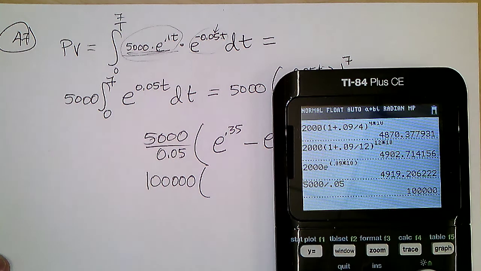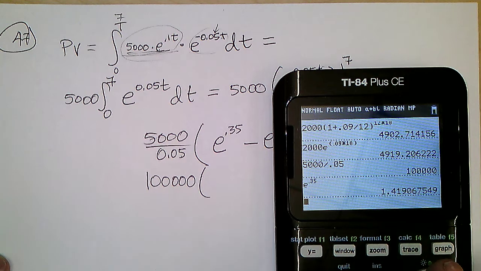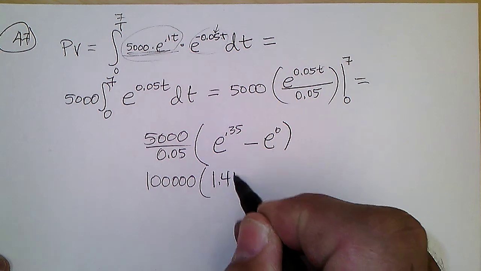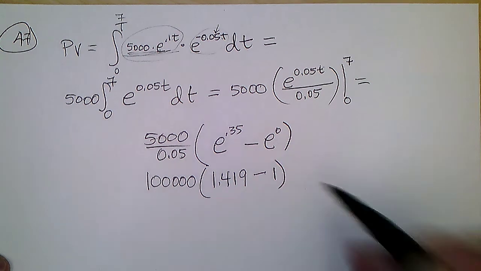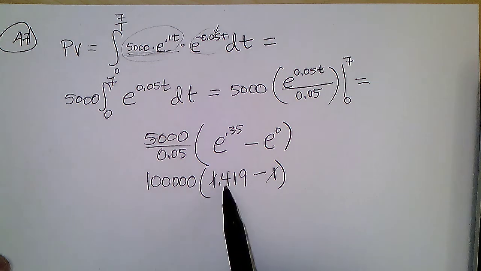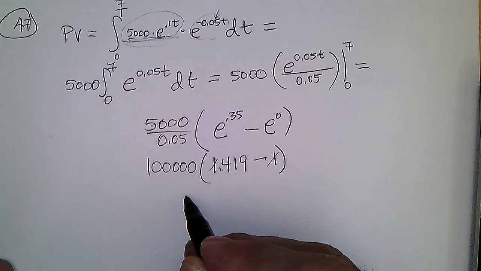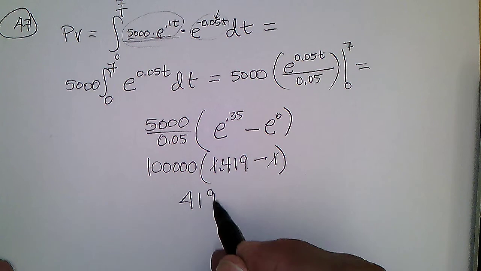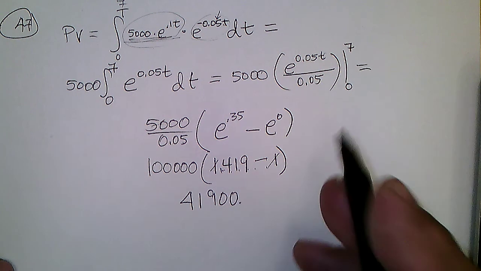And e to the 0.35 is 1.419, minus e to the 0 is 1. So that's going to cancel the 1, and so we're going to get 0.419 times 100,000, which is, move it 5 places, so it's going to be 41900. 1, 2, 3, 4, 5, 2 zeros.